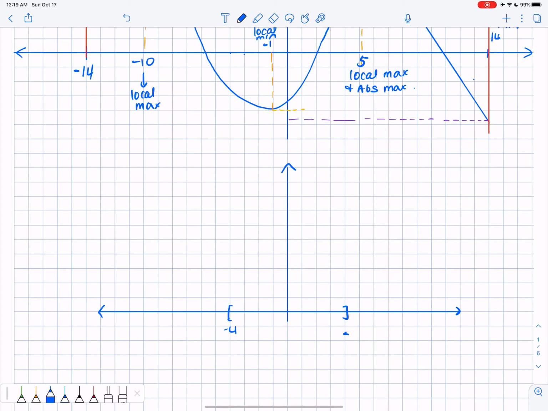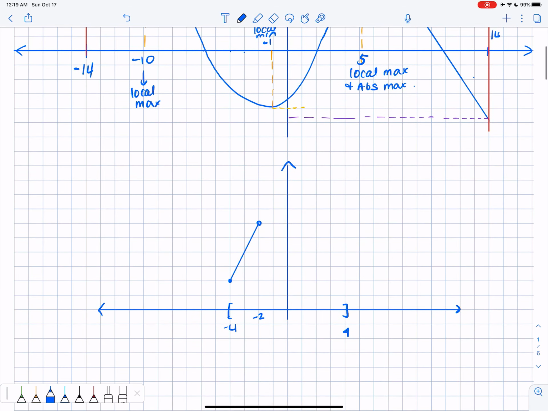Okay, and let's make it 2 at negative 4 and it is going to 6 at negative 2, but it's an open circle at negative 2.